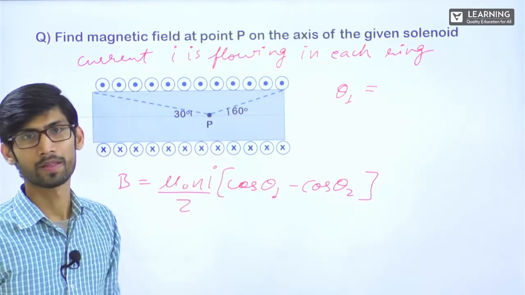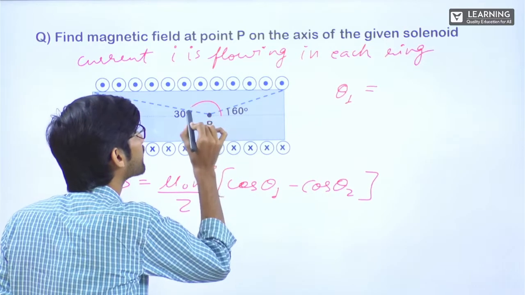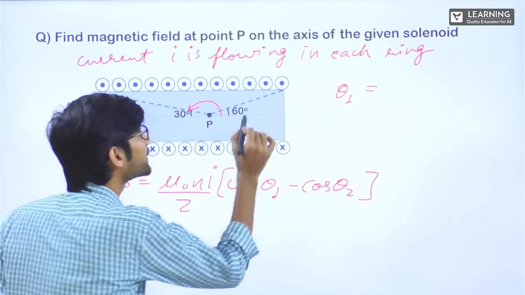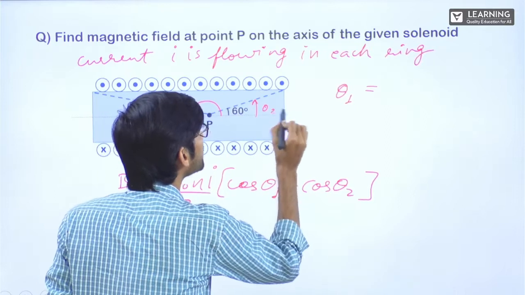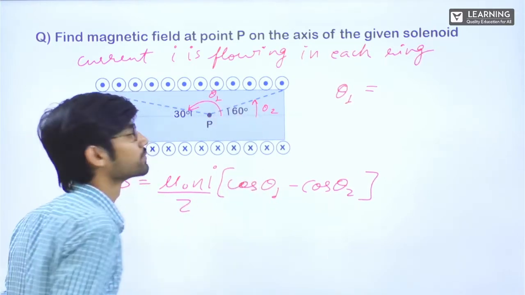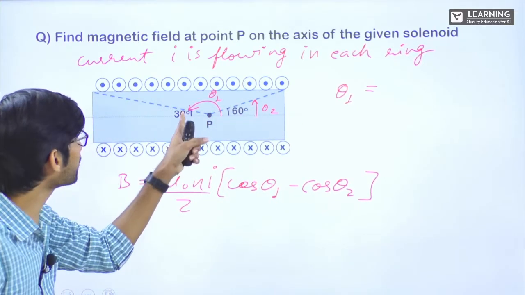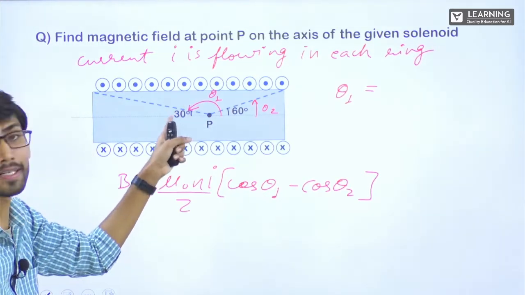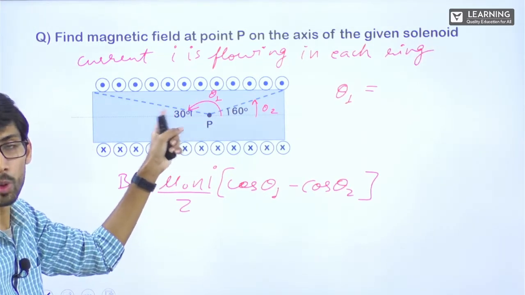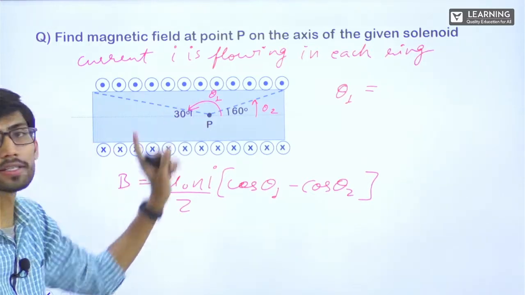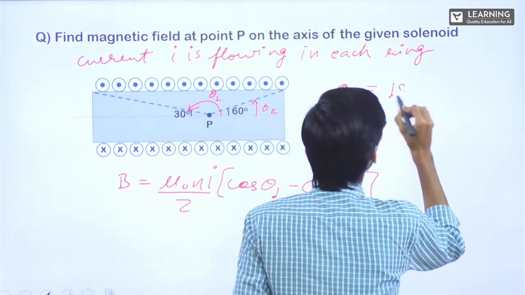No. Theta 1 was this angle, correct? This was theta 2, this was theta 1. Always remember. So this theta 1 will be from here. Don't write 30 degrees again. No. Theta 1 is 180 minus 30, that is 150 degrees.